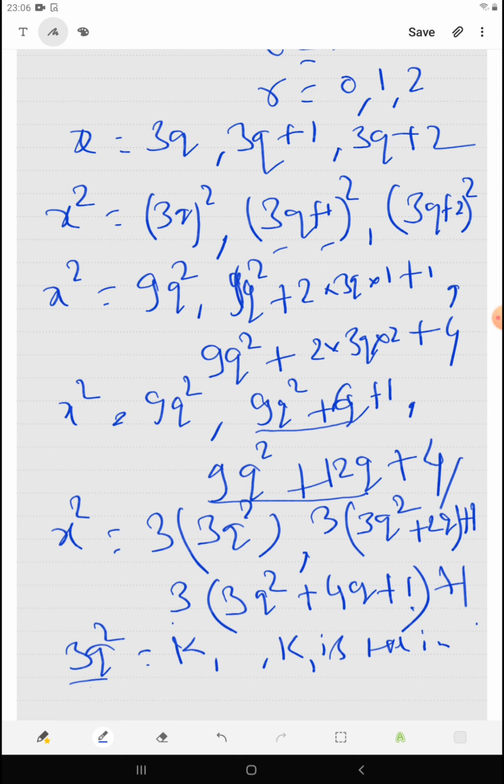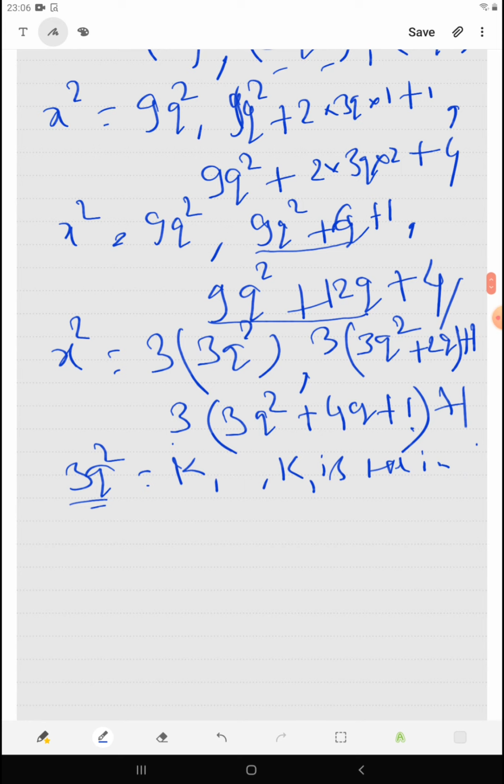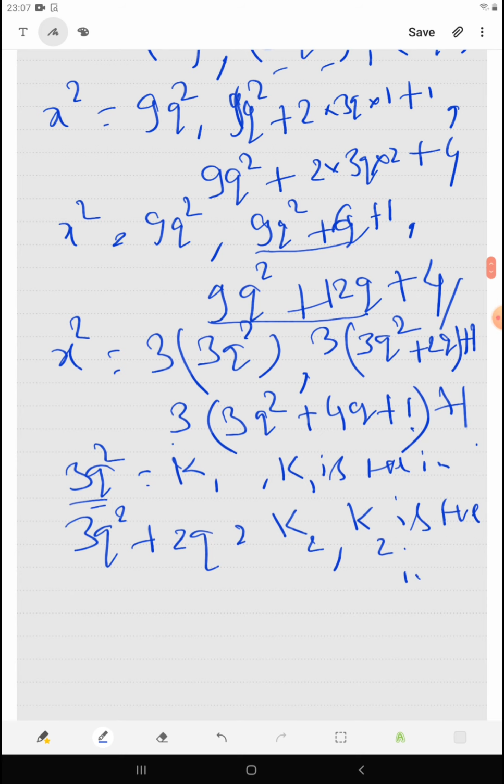Now similarly 3q square plus 2q I can write as k2, where k2 is another positive integer.